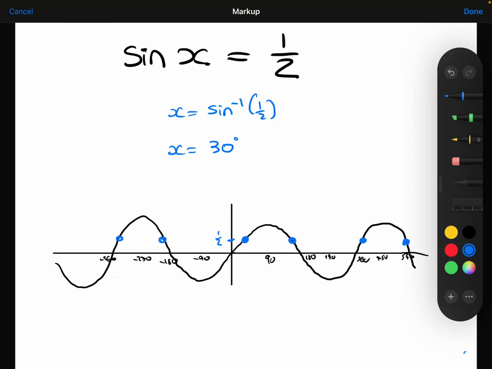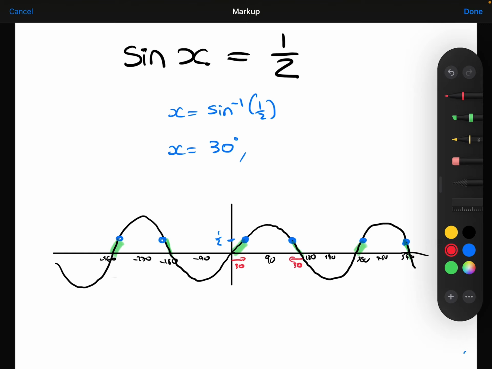So, your calculator obviously can't give you all of the answers, it just tells you the answer that's closest to 0. It's just telling us the 30 degrees. But that's fine, because we can use the symmetry that we know to help find these other angles. I know that this is 30 degrees.